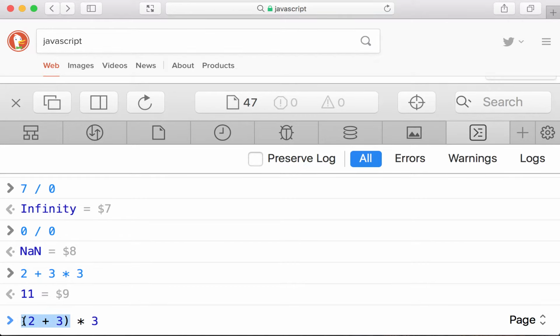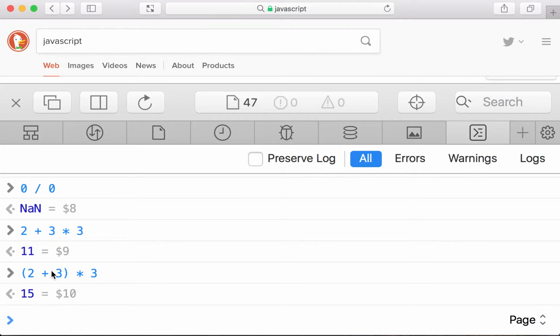And after that, it's 5 times 3, which is 15. So you can use the parentheses to change the order of operations, to force the plus or the minus or whatever operation to come first, to take higher precedence.